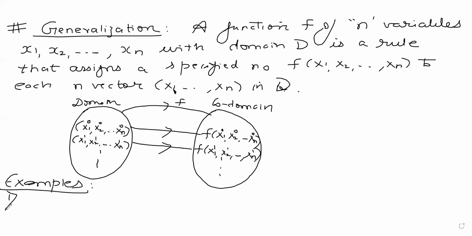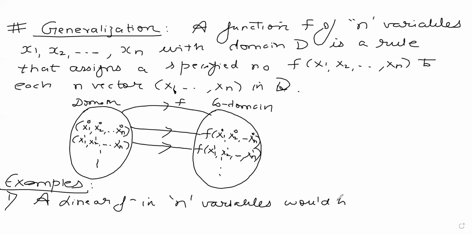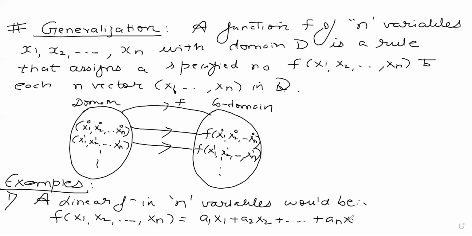how will I write a linear function? So a linear function in n variables would be f of x1, x2, dot dot xn, which is going to be a1 x1 plus a2 x2 plus an xn plus the constant b, where a1, a2, an and b are constants.